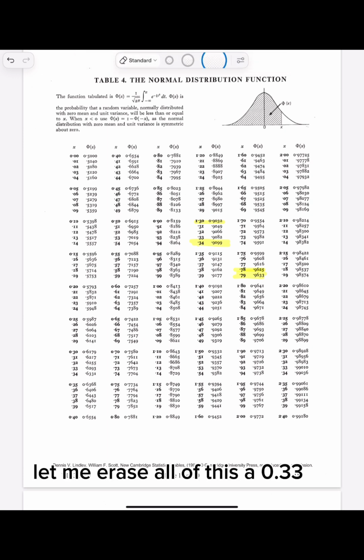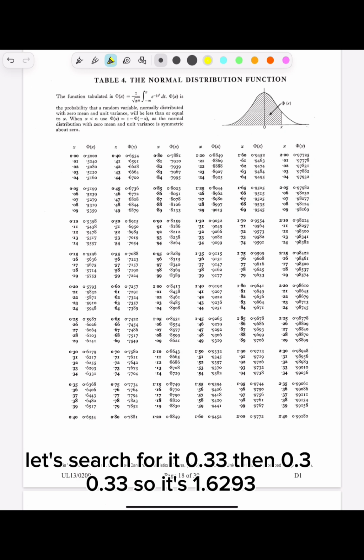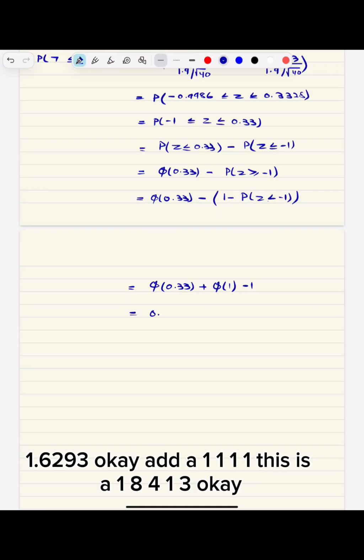So let's see a 0.33. First, let me erase all of this. A 0.33, let's search for it. 0.33. So it's a 0.6293.